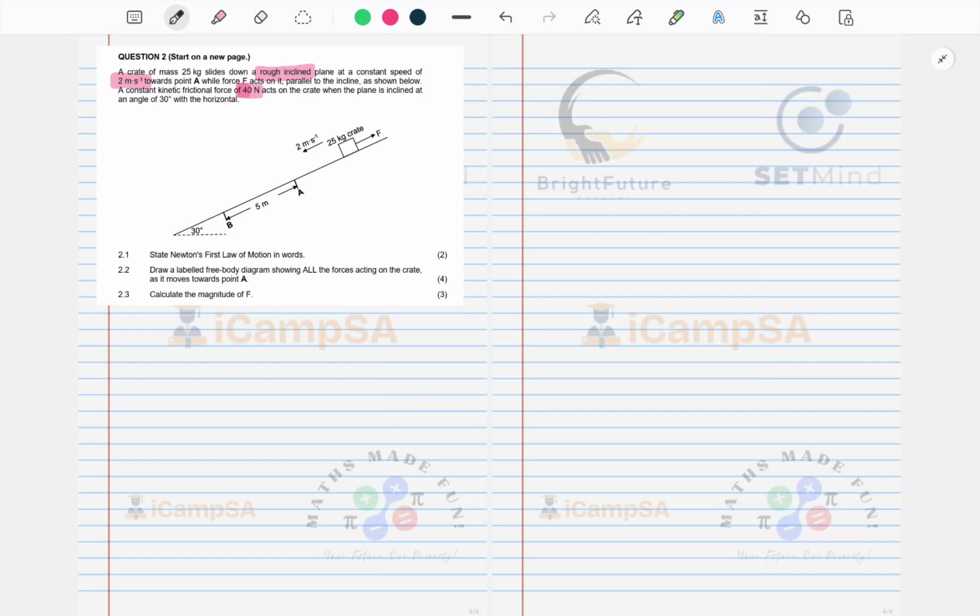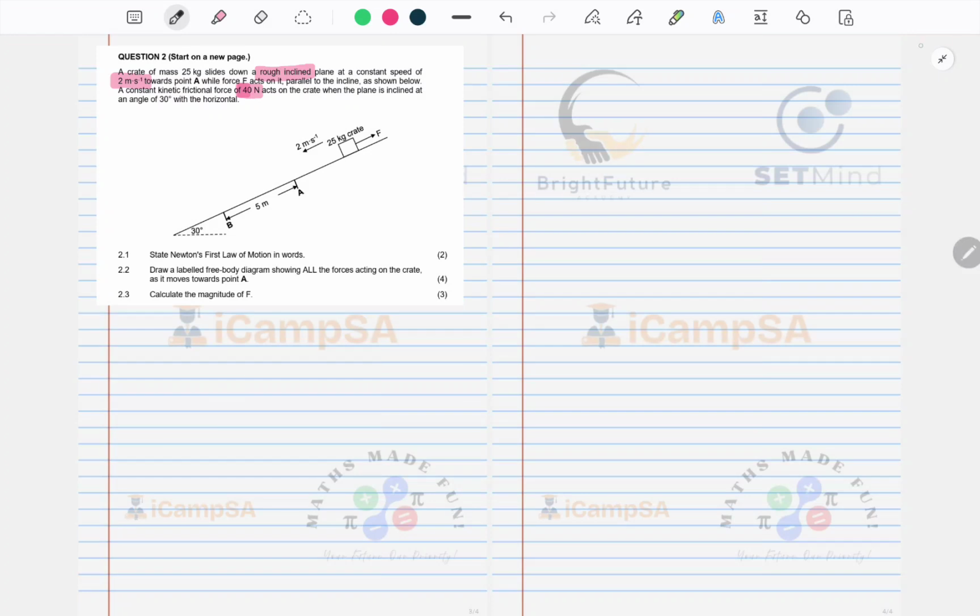If it's moving, it will continue moving. If it's not moving, it will continue not moving, unless a non-zero resultant force acts on it, or unless something pushes on that box that is not moving. Okay, that's what the first law is saying.